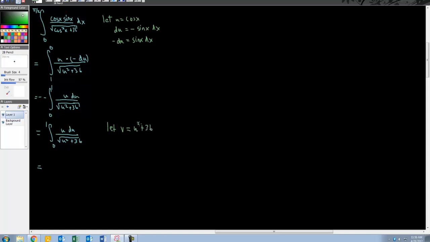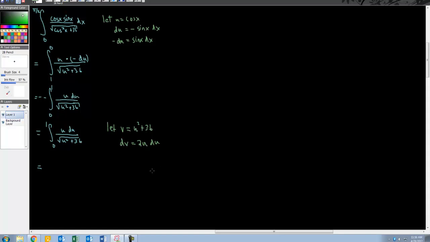Instead of u's, I use v's. Now what is dv, the differential of v? I need to make really sure I differentiate the v. It's a sharp cusp and u is kind of curvy. So the differential of v with respect to u is 2u du.